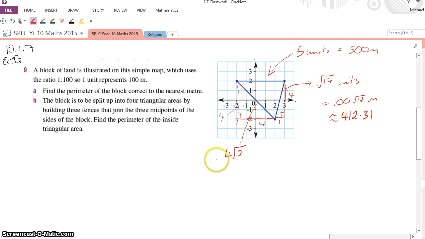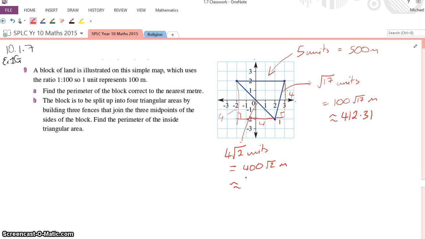So 4 root 2 units, multiplied by 100, I've got 400 root 2 metres, and we need to find out what that is. 400 multiplied by the square root of 2, getting the approximate value here, 565.69 metres.